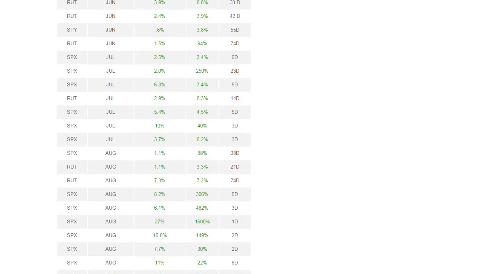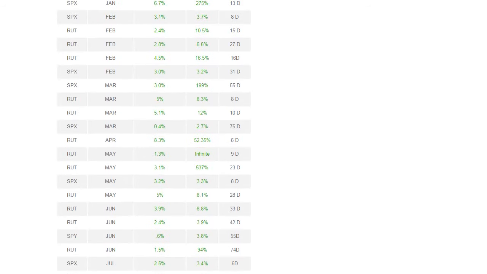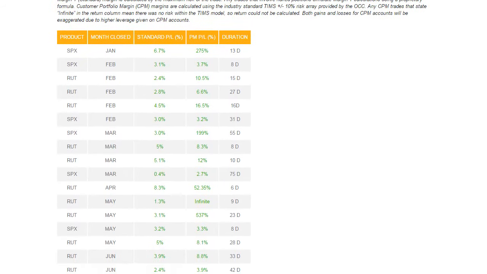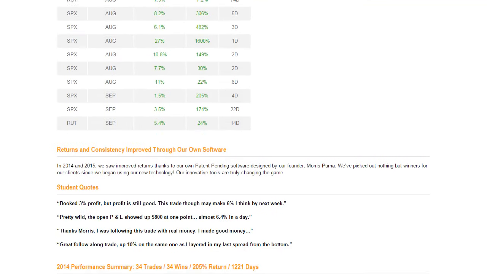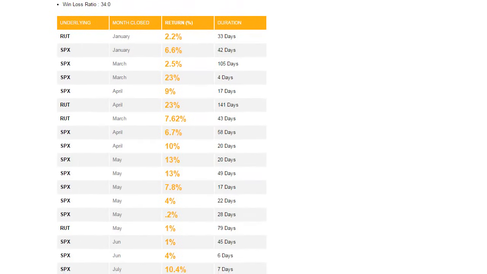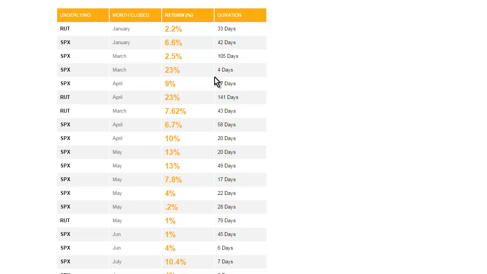In fact, look how we've done. We haven't had a loss in almost 2 years now. And so you can just see that even when vols are low, look at our returns. And then last year, returns are down here. I didn't put in the PM ones. These are just all standard margin from last year.